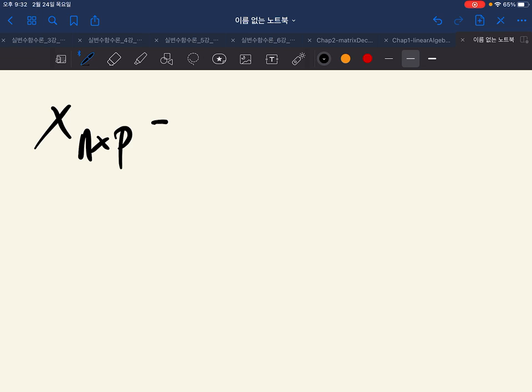So if we express the matrix of n by P like this, if we center each column vectors using the projection matrix, we can describe it as follows.